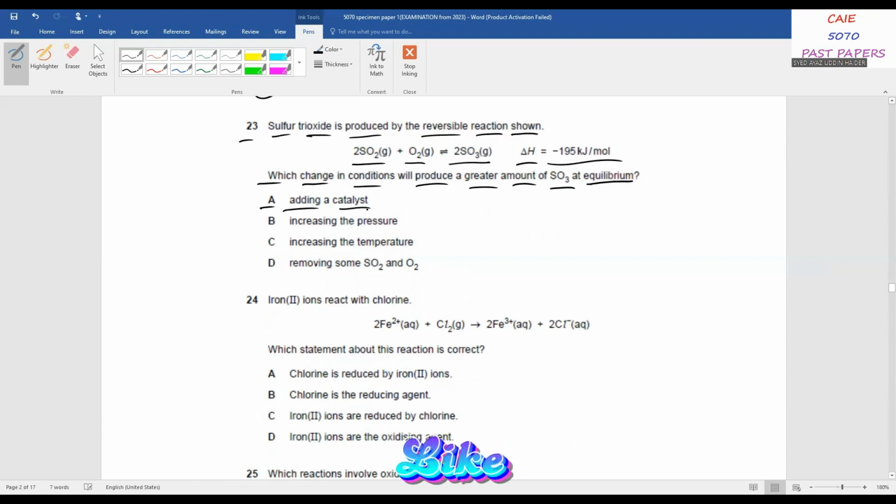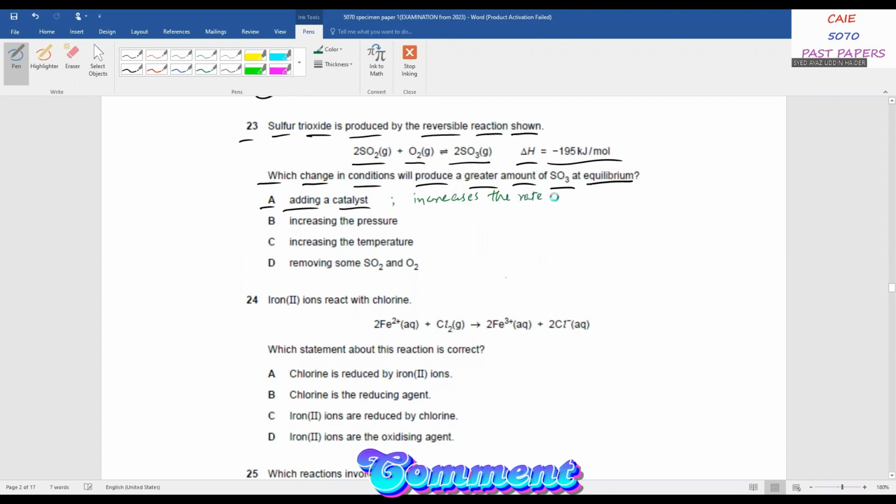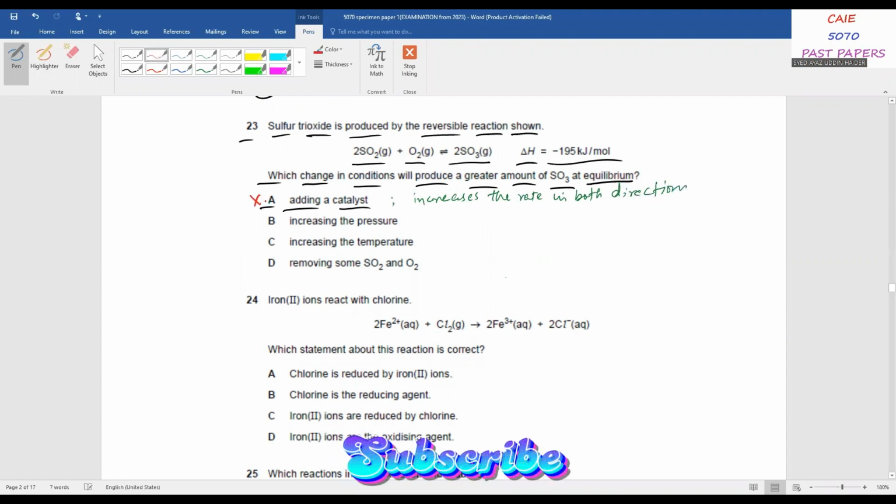A, adding a catalyst. You know that a catalyst has no effect on the equilibrium. It simply increases the rate of reaction in both directions. So this is wrong.